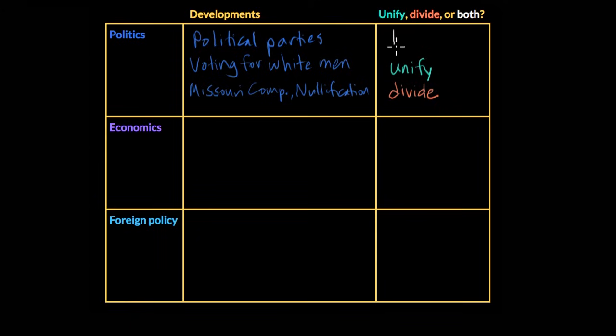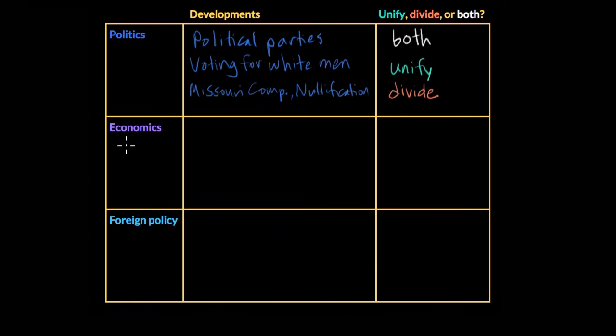On political parties, I might say this is inconclusive. There are elements of both unity and division among them, since political parties weren't exclusively defined by region in this time period, but they were often defined by how much power they believed the federal government should have, compared to the states.